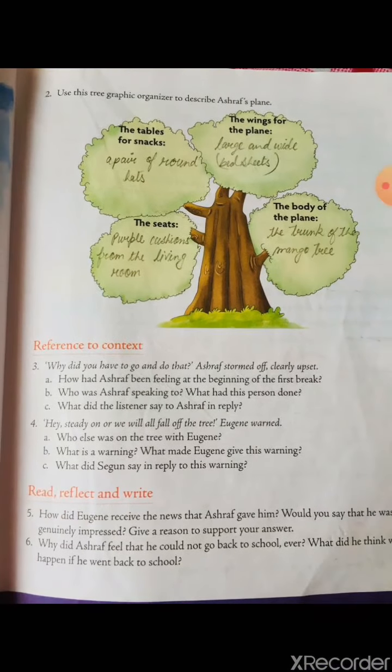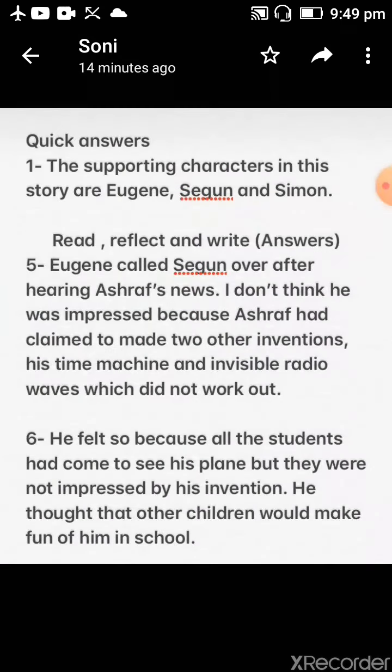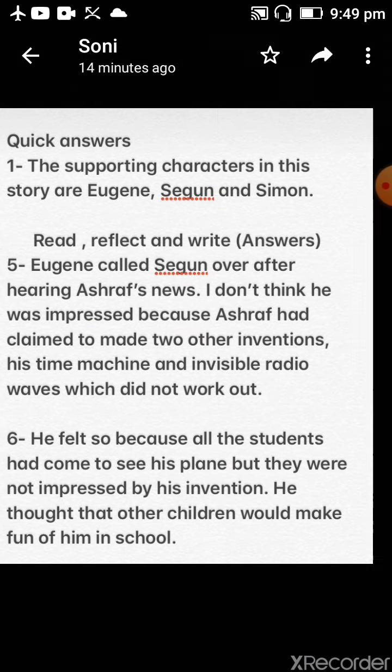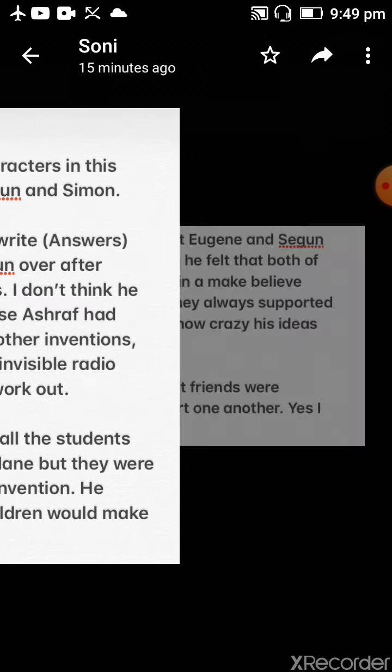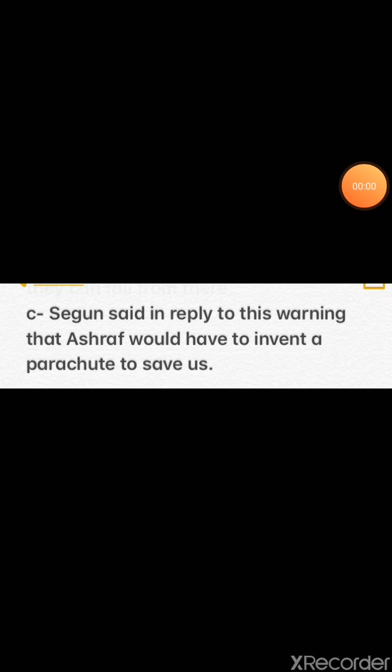Let me show you the answer. This is your answer number C, that Sagan said in reply to this warning that Ashraf would have to invent a parachute to save us.